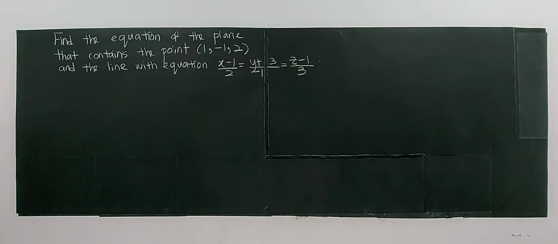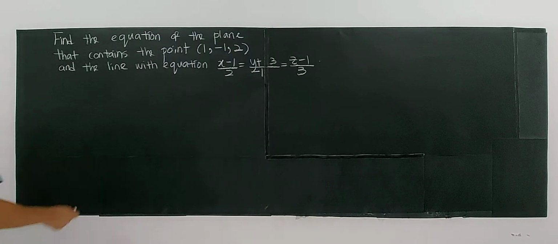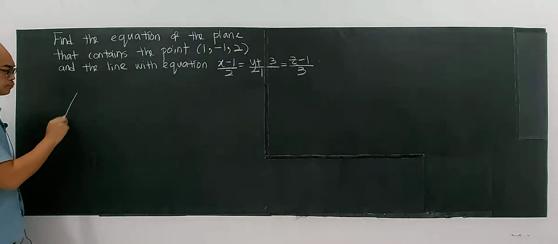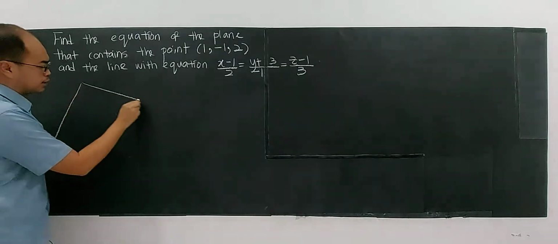Right, okay, let's continue with discussing this question and finding the equation of a plane. This is also an exam question, which contains a plane. Okay, I will draw slightly bigger.